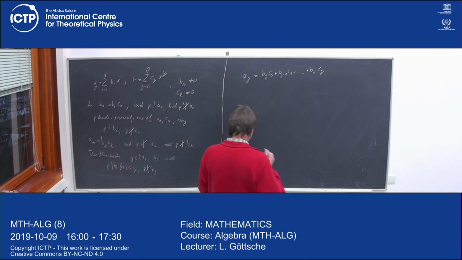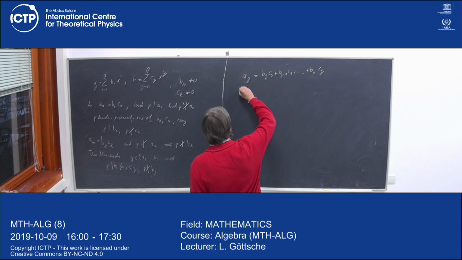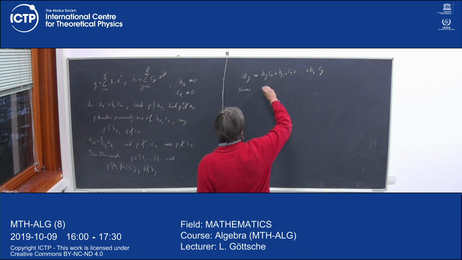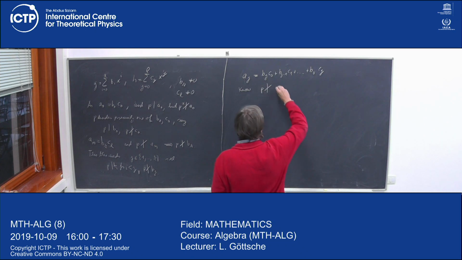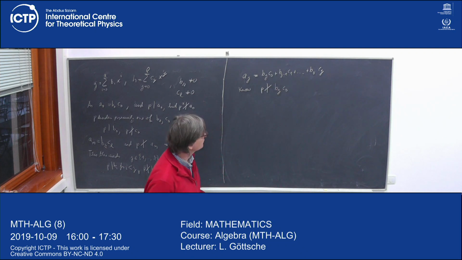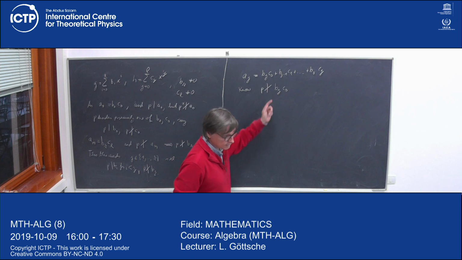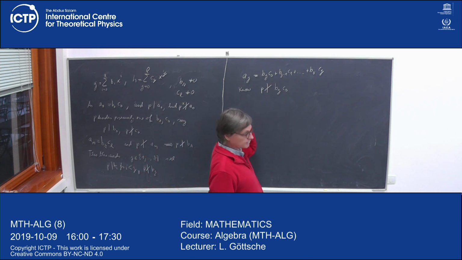And what do we know? It's in some sense the same argument as we had before. P does not divide Bj C0, because P does not divide Bj, which we have assumed here, and P does not divide C0, which we had before.